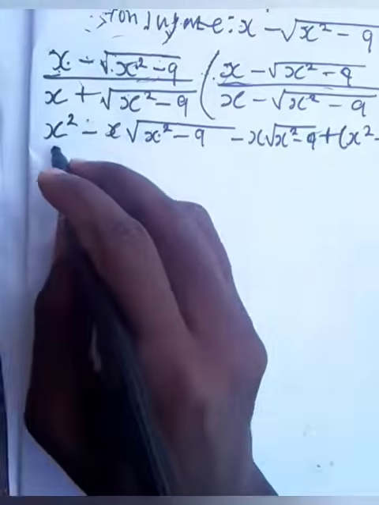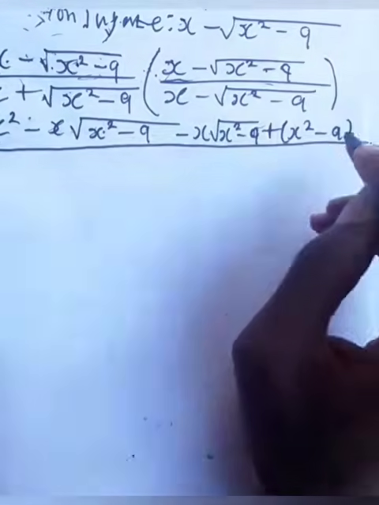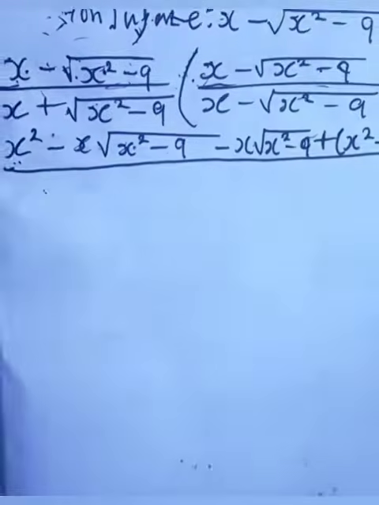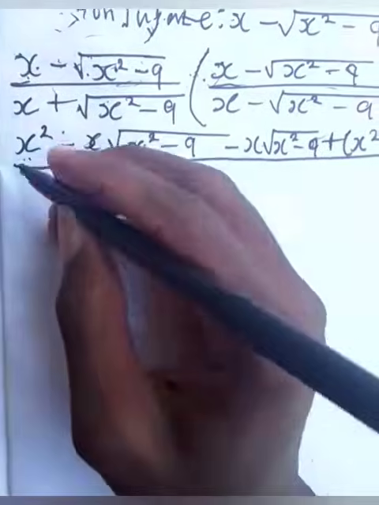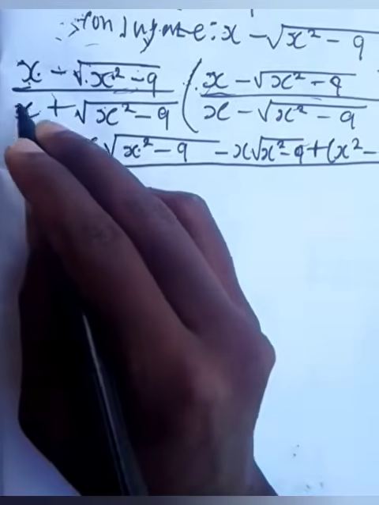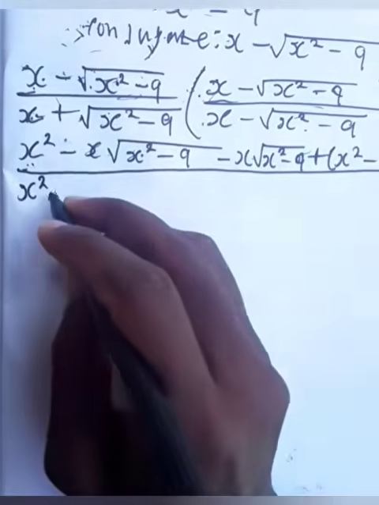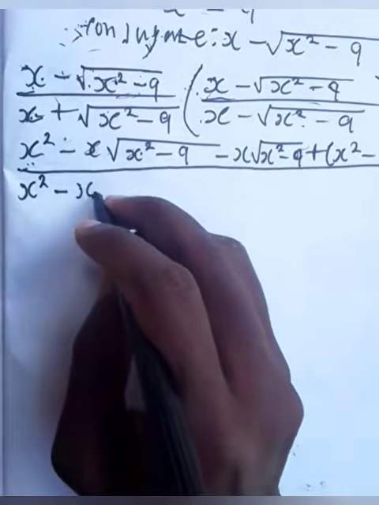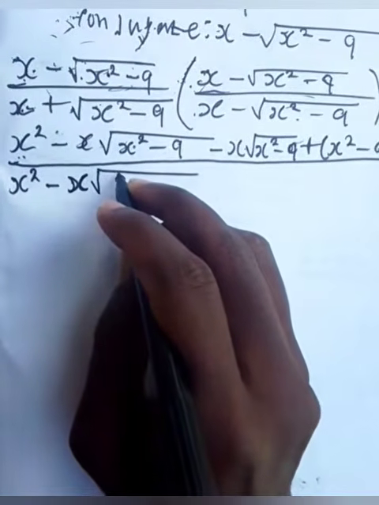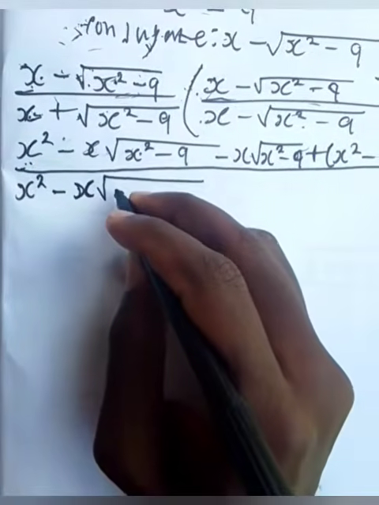And then we go to the denominator. Make sure that you're very fast when you're solving this. I'm just slow because I'm explaining to you. If I was alone, by now I would have been done. So this times this is going to be x power 2, right? This times this is going to be negative x square root of x power 2 minus 9, right? These things can be confused as well.